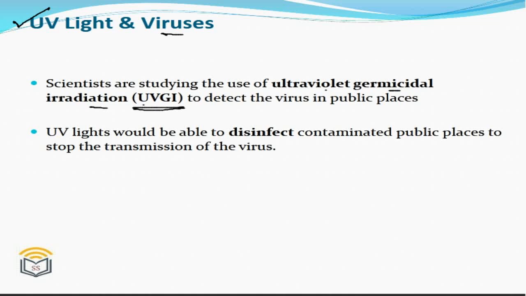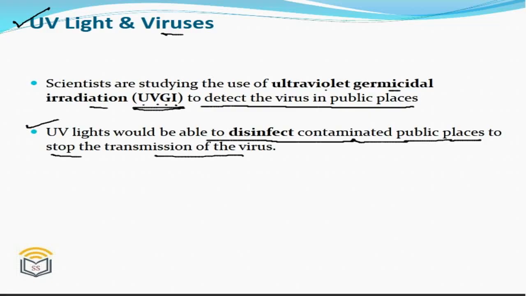UVGI is nothing but ultraviolet germicidal irradiation. This is the process which is used to disinfect viruses in public places like schools, restaurants and other public places. So the UV lights would be able to disinfect the contaminated public spaces to stop the transmission of the virus.